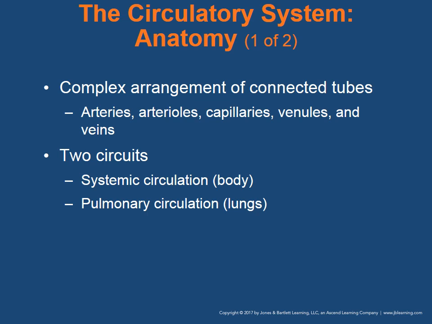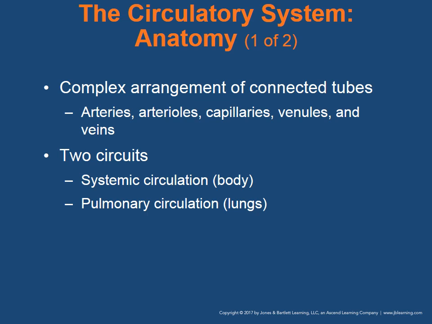There's the systemic circulation. This is the body's circulation, so once the blood leaves the left ventricle, it brings oxygenated blood to each cell of the body, and then brings it back into the venous system to the right atrium and down to the right ventricle.